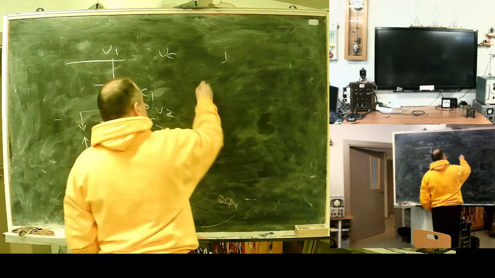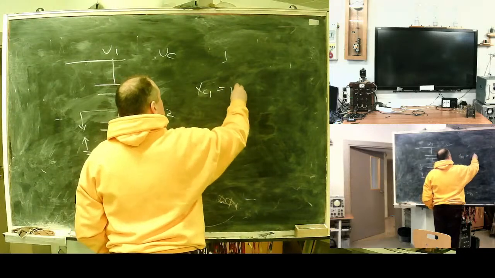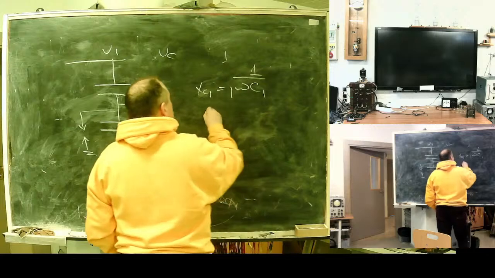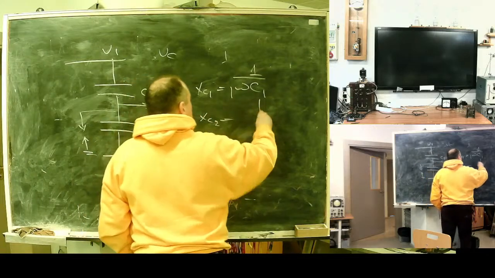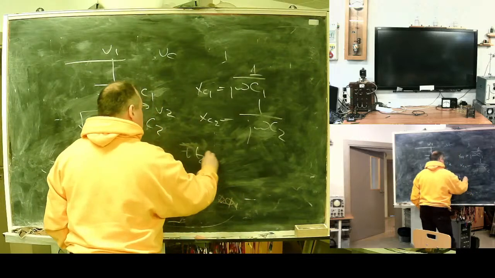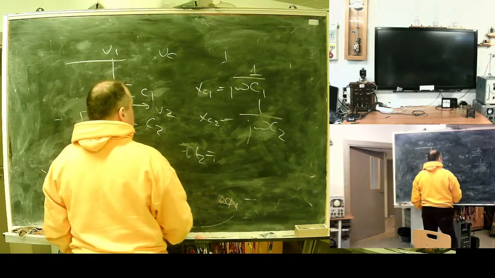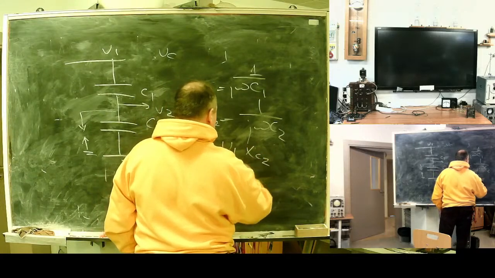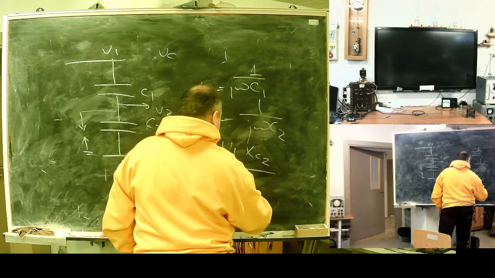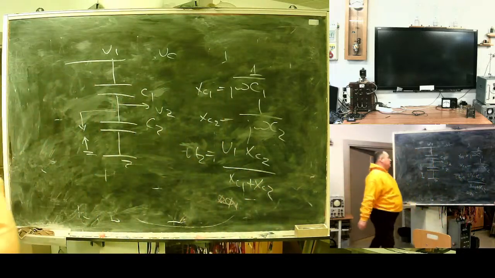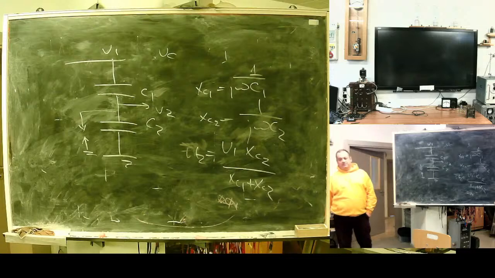So, if Xc1 is 1 divided by omega C1 and Xc2 is 1 divided by omega C2, the second voltage can be written as U1 times Xc2 divided by (Xc1 plus Xc2). Here is how a capacitive divider works.